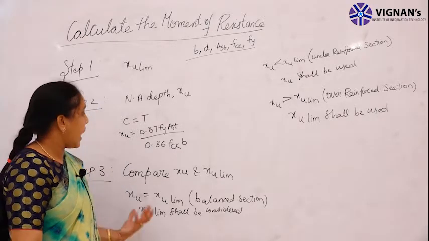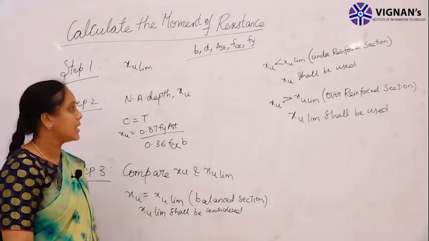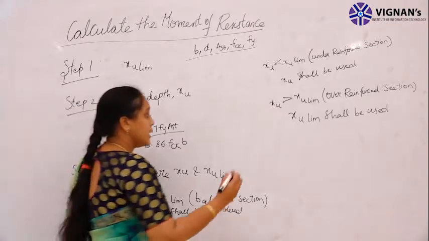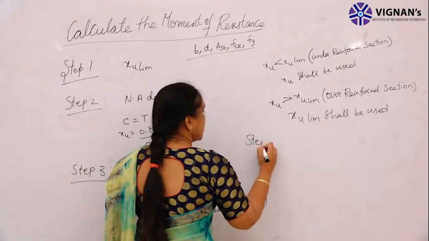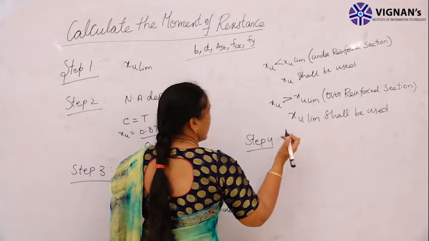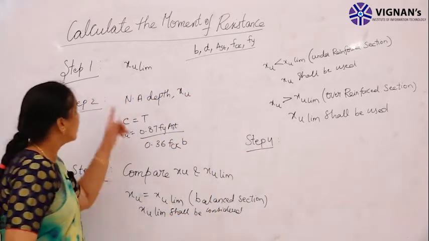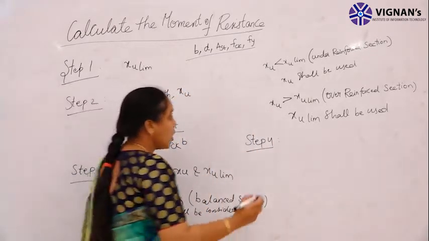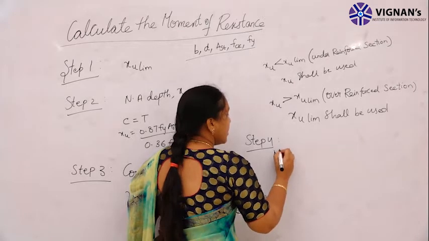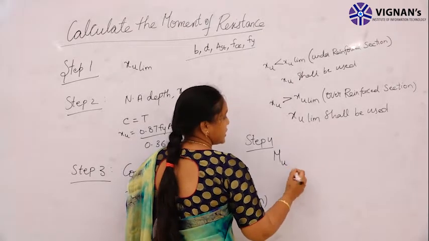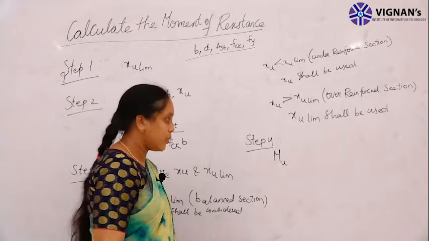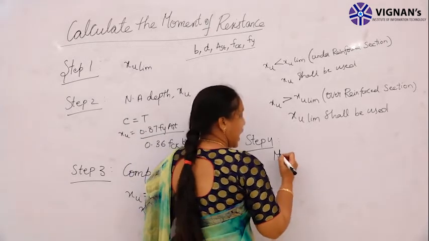After finding out which type of section it is, the last step is to find out the moment of resistance. The formulas for moment of resistance with respect to concrete and with respect to steel are as follows.